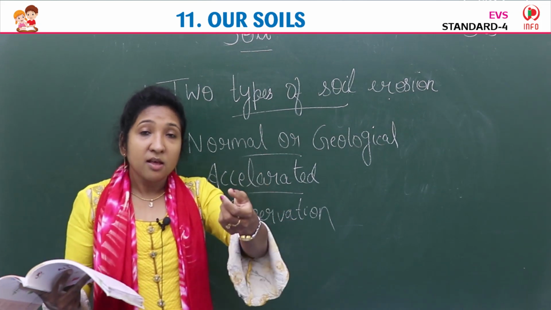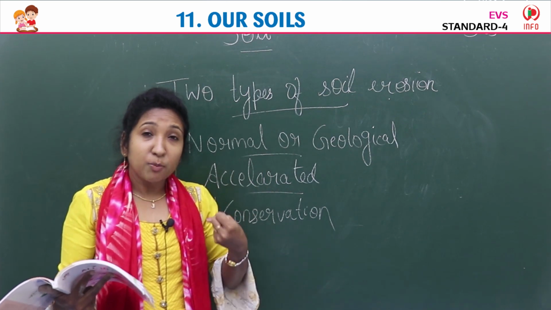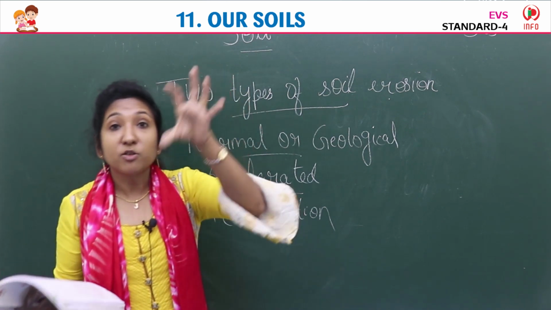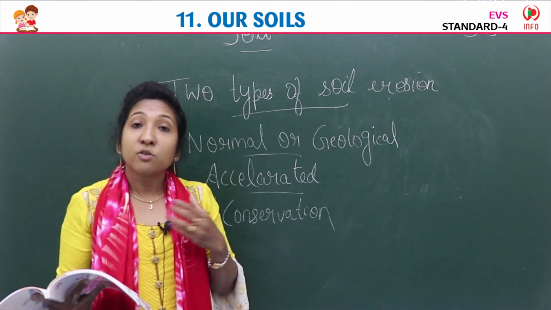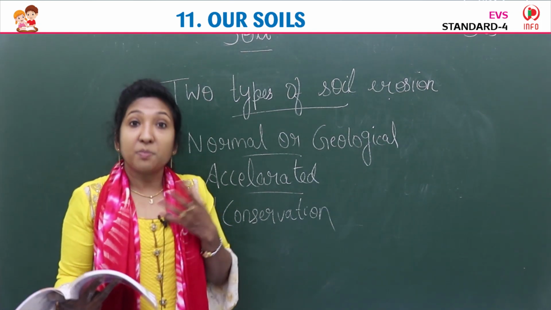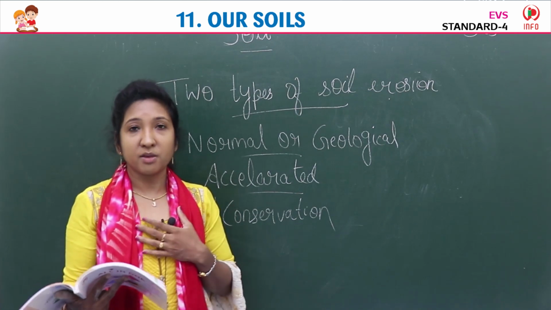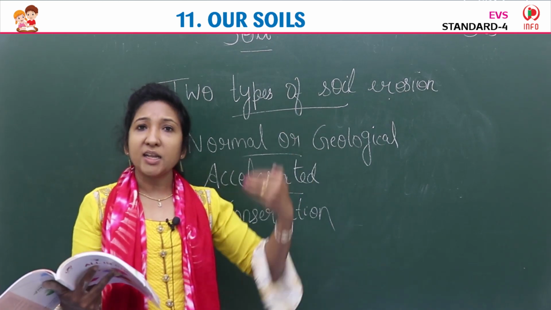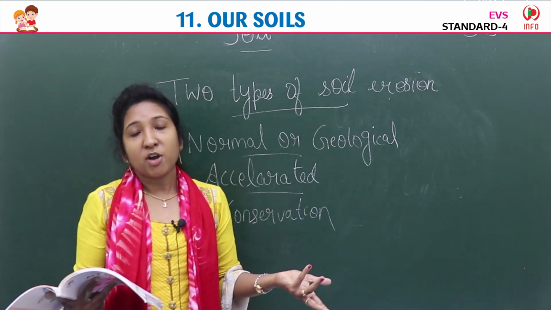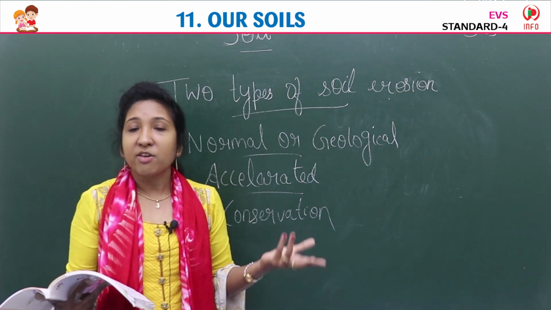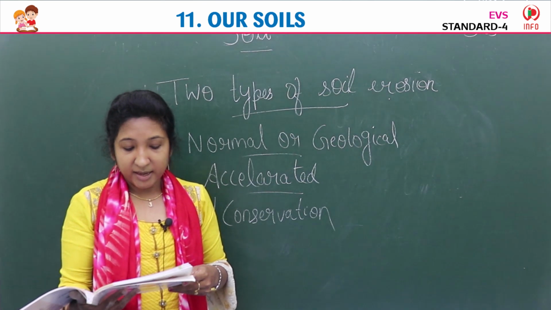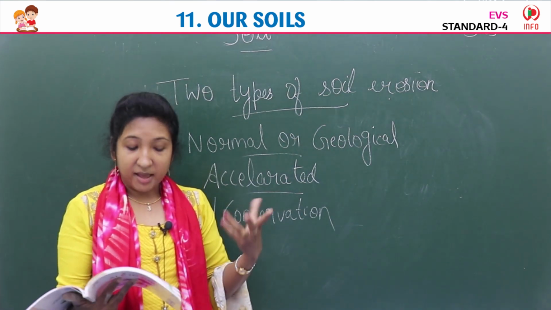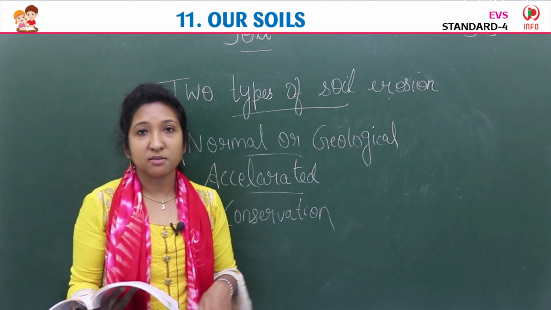Trees always absorb the carbon dioxide, the polluted air, and they give out pure air, oxygen. We need oxygen to breathe. We need pure air. So if we go on cutting the trees, what happens? We won't get fresh air, isn't it? Then shade and cover is lost with it, isn't it?